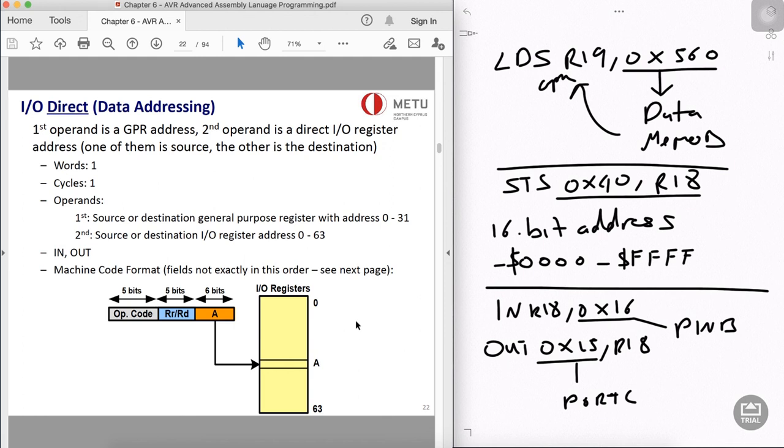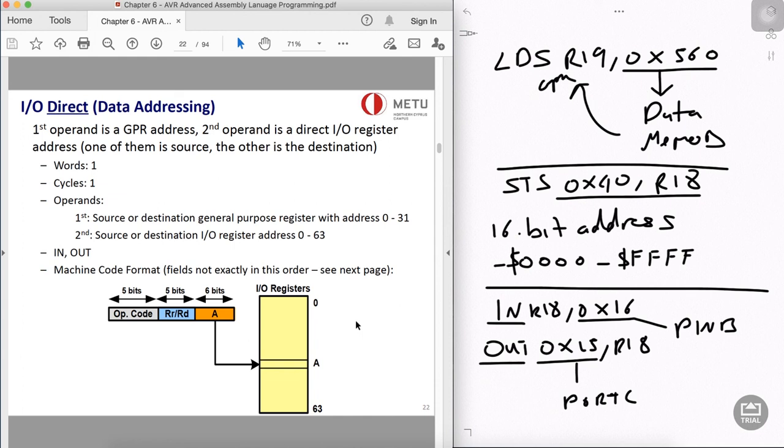So only these instructions are using IO direct addressing. So whenever you want to consider this addressing, you have to check the IO memory to find their address, not the memory address, the IO address, to use these instructions.